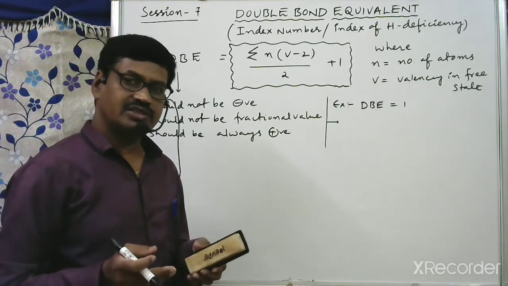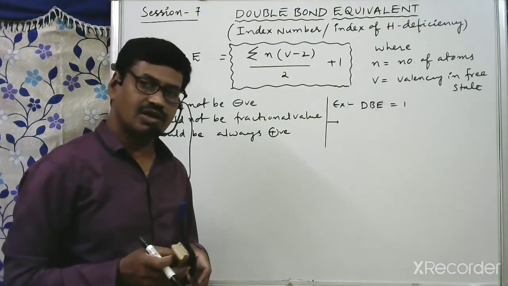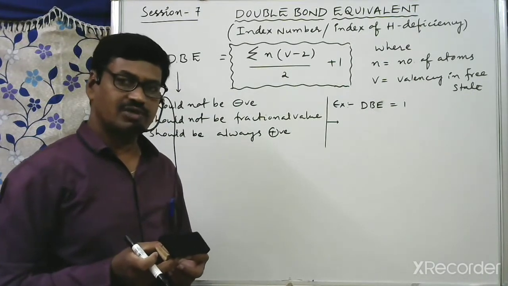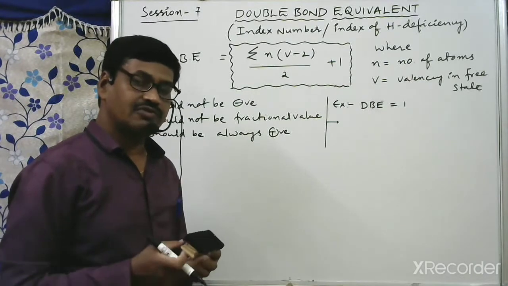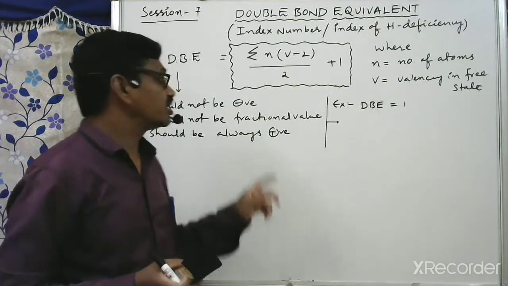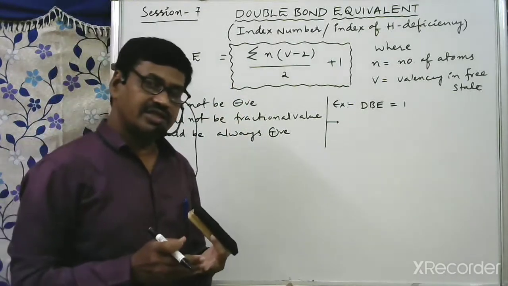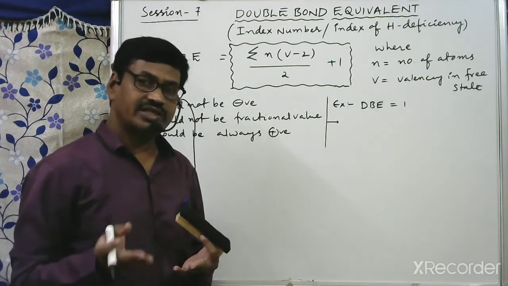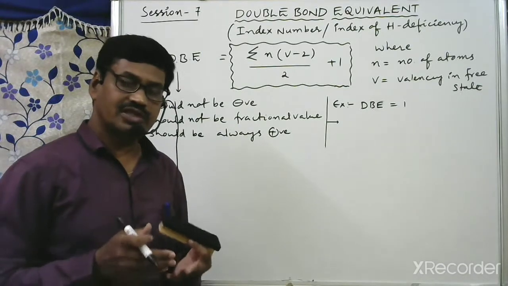It's a phenomenon in which different compounds are there with the same molecular formula. So for one given molecular formula, how many structural isomers are possible, we have to expect by using double bond equivalent. It may contain a double bond, a triple bond, a ring, or it may be a straight chain compound. So like that we have to expect.